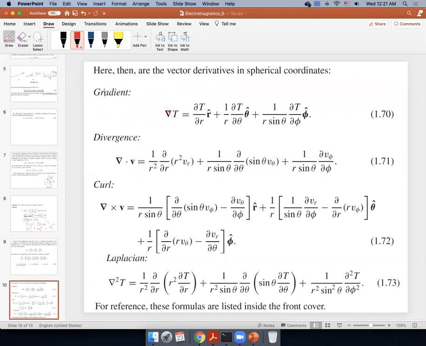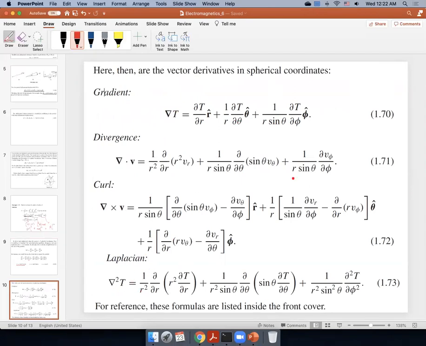So for gradient, del t equals partial t partial r in r direction plus 1 over r partial t partial theta in theta direction plus 1 over r sine theta partial t partial phi in phi direction. And here is the divergence equation, and here is the curl for a vector function, and here's the Laplacian equation.